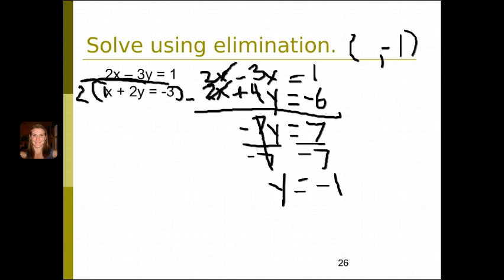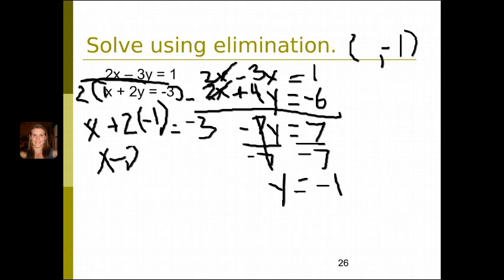So we have x, which is still unknown, plus 2 times negative 1 equals 3. 2 times negative 1 is negative 2, which gives us x minus 2 equals 3.